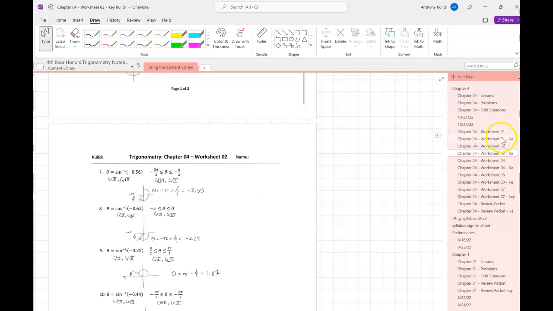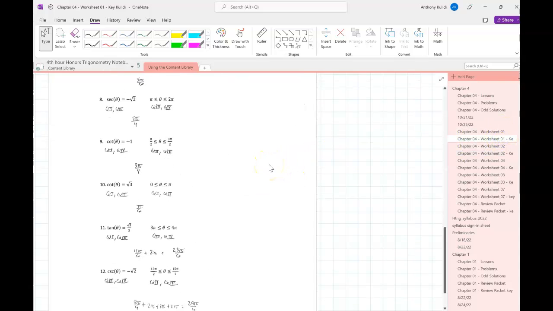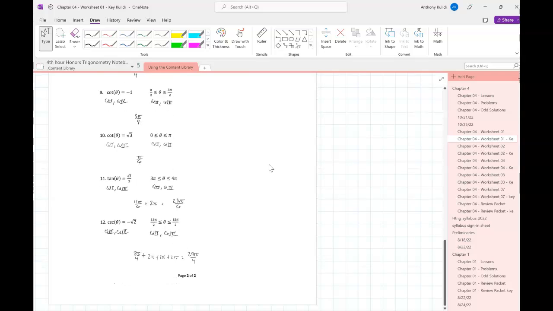This was on worksheet 1. Yeah, this was number 11. Yeah, that should be, what do we say, 19. Okay, thanks, homie.